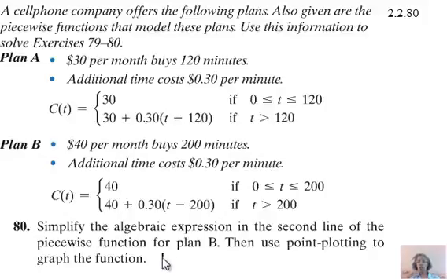So that actually is 40 plus 0.30, we're using the distributive property here, t minus 60.